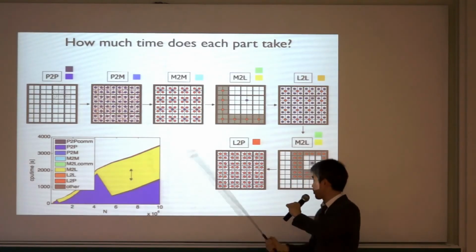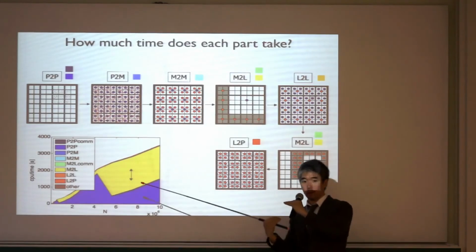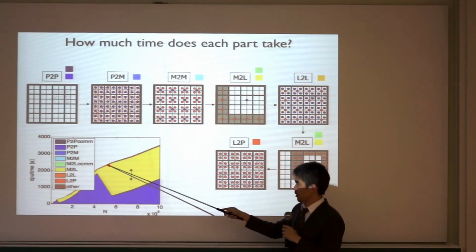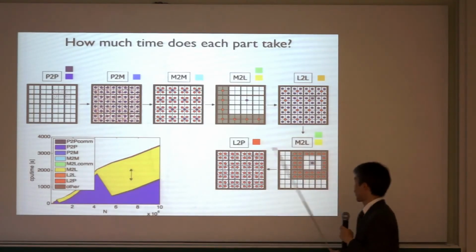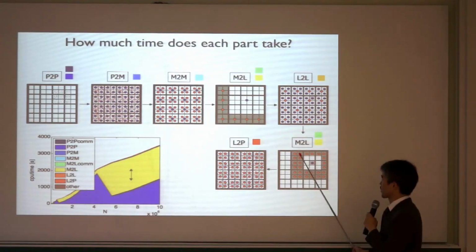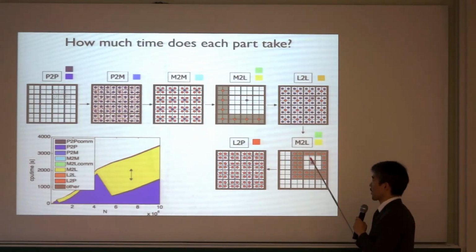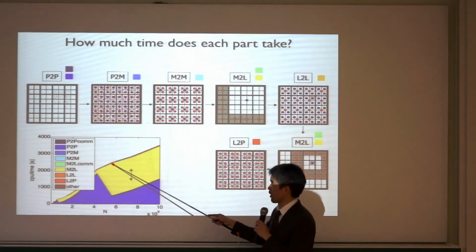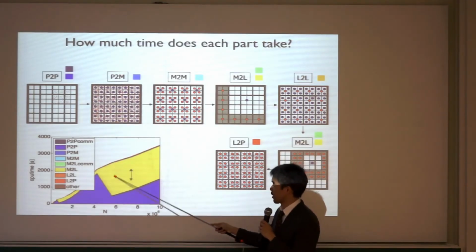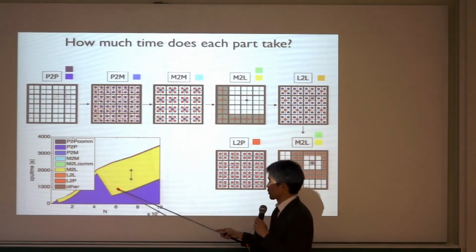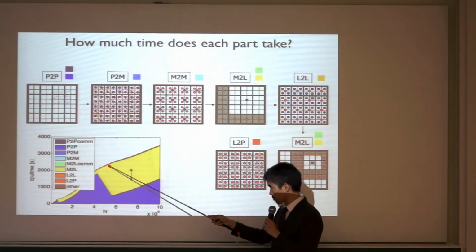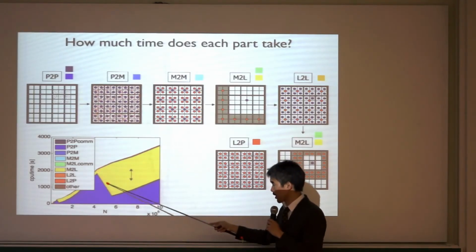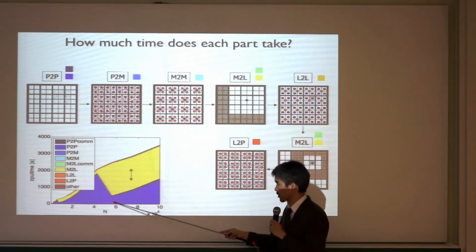The number of M2L calculations for that one level down, there are 8 times more blue boxes to calculate for. The number of red boxes that interact with each blue box doesn't change. It's just that the number of blue boxes that you need to loop over in the whole bottom level is 8 times more. So this yellow part increases 8 times. It just goes like this.